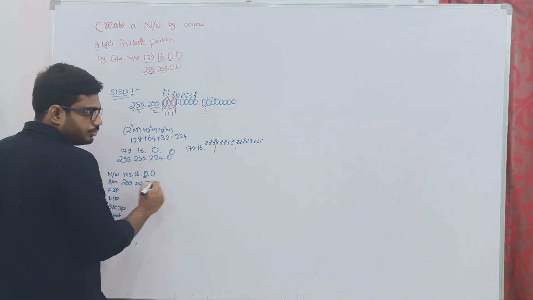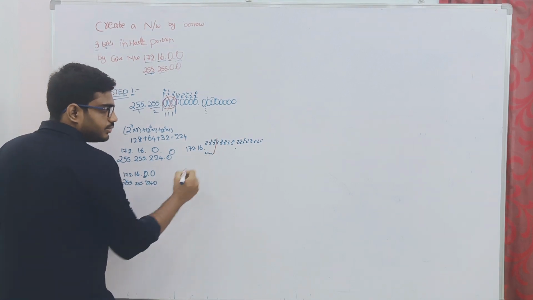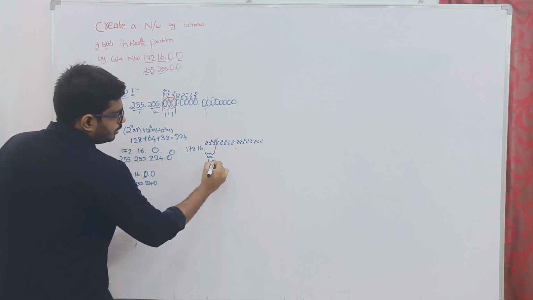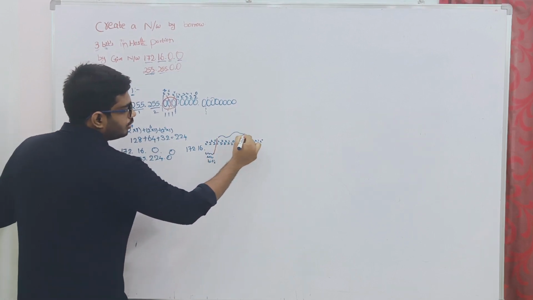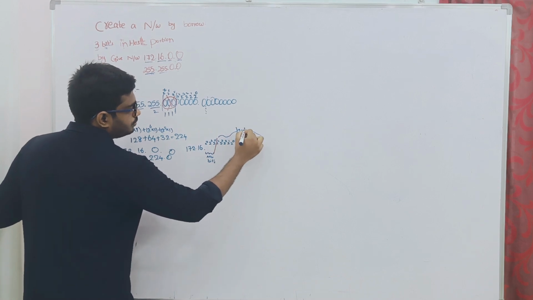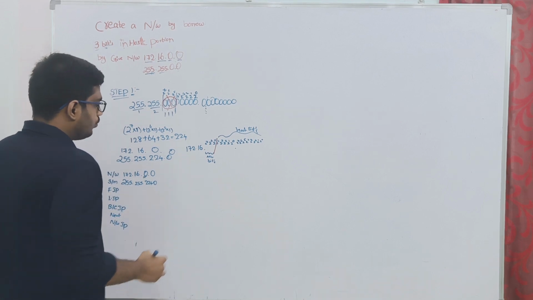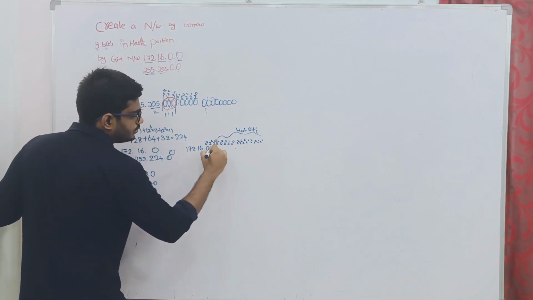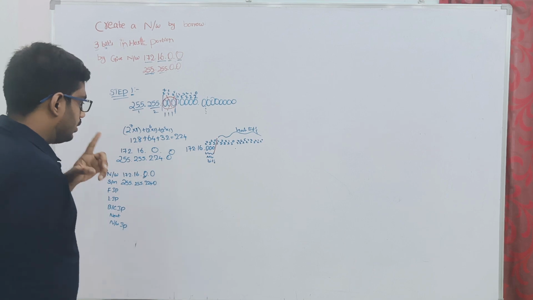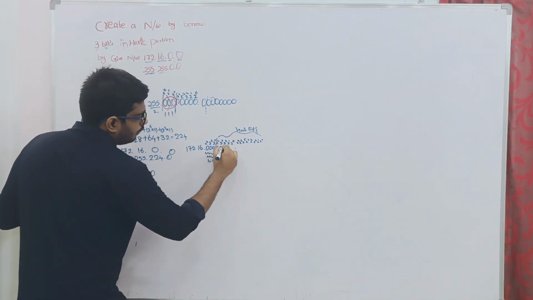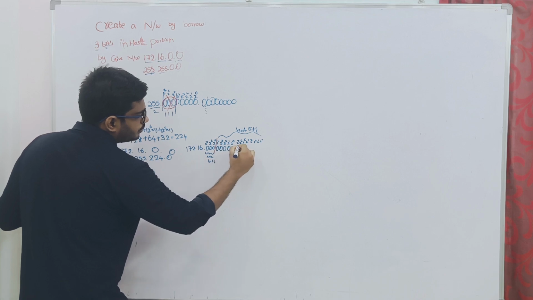This 0 comes only between these 3 bits, which are network bits. These are all host bits. So here you make these 3 bits 0, and come to the host portion, make everything 0 here.